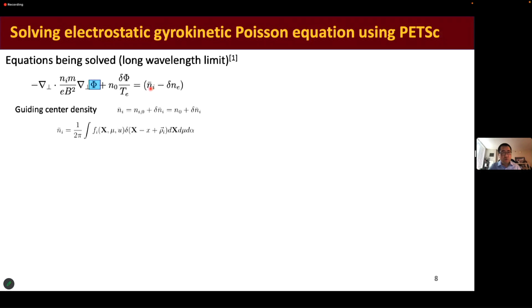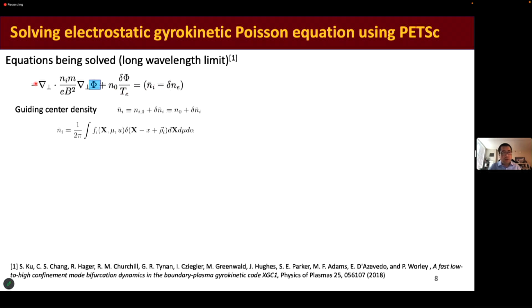The right-hand side is basically the guiding center density, which you supply from the particle simulation. On the left-hand side, the linear matrix is constant, because in the tokamak case we're right now not interested in the electromagnetic simulation, so the field is constant. Basically the linear matrix is constant.